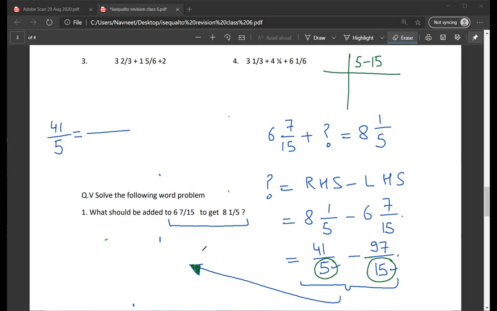You don't know the LCM, you don't know how to calculate fractions, but do you know how to find the LCM of 5 and 15? You can use any method that you like. Can you find the LCM of 5 and 15?